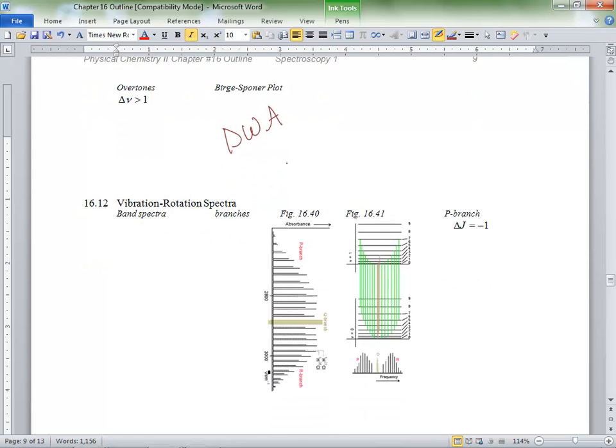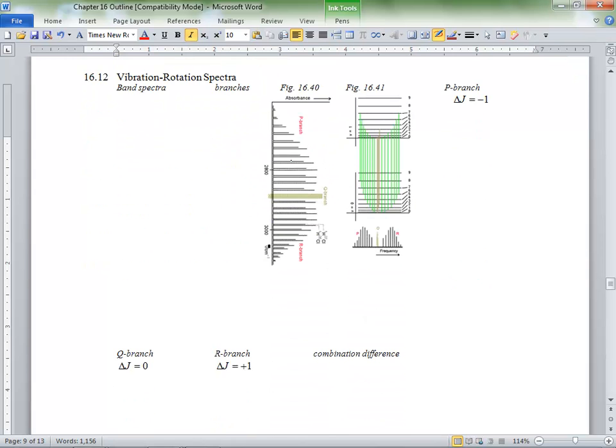Okay. So vibration rotation spectra. They also call this molecular spectra. So molecules, and just going upstairs and getting an FTIR spectrum.